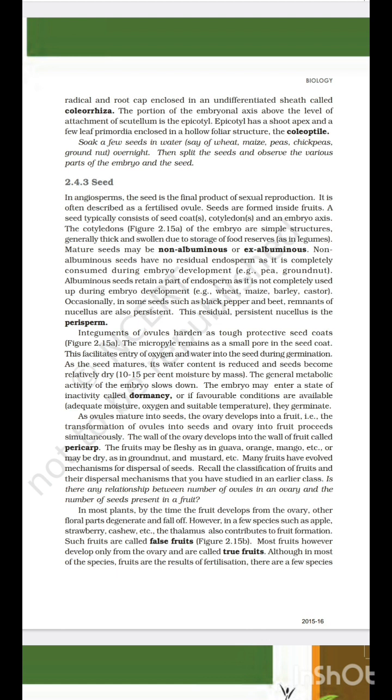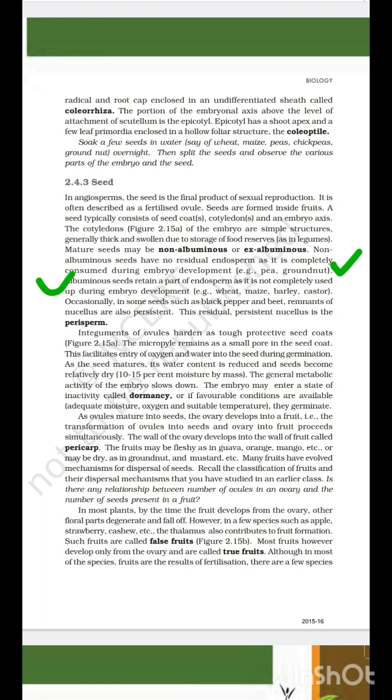Mature seeds may be non-albuminous or albuminous. Non-albuminous seeds have no residual endosperm, as it is completely consumed during the embryo development, seen in the case of pea and groundnut. In pea and groundnut, no endosperm is found.